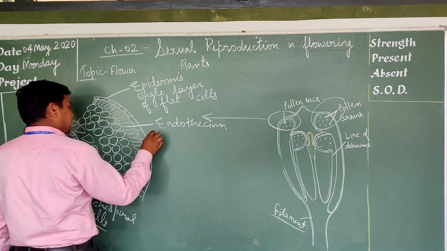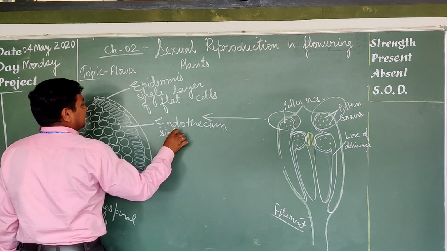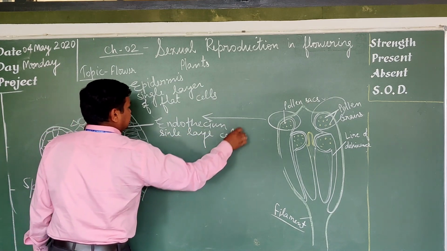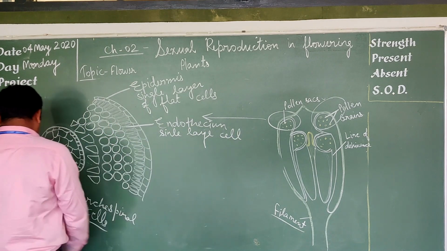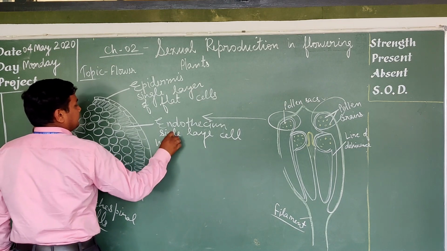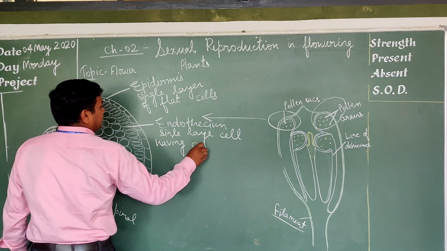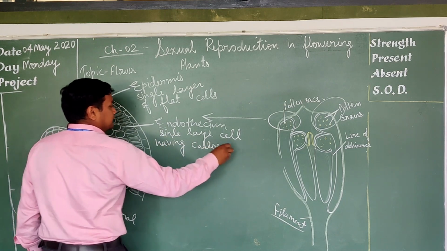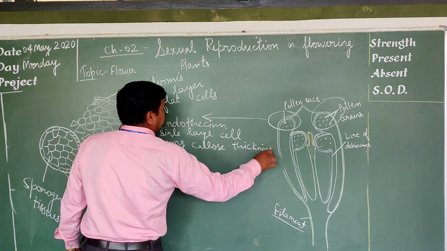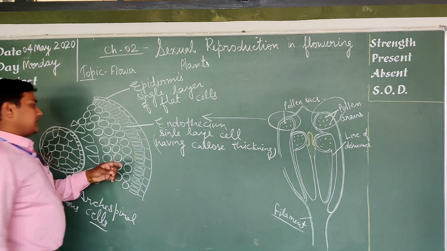Endothecium is also a single layer of cells having callose thickening, which means it is thickened by callose.